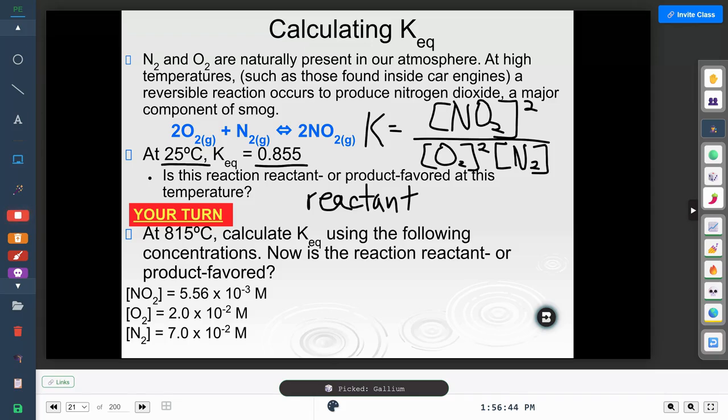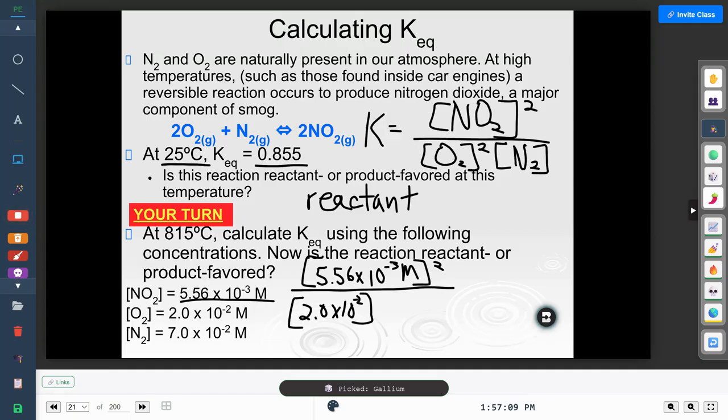Okay, so now we got to plug in some numbers, right? So we're going to have to plug in our numbers for NO2. Everybody get your calculators out: 5.56 times 10 to the negative third molar. And then we've got to square that. And then we're going to divide it by 2.0 times 10 to the negative 2 squared, right?